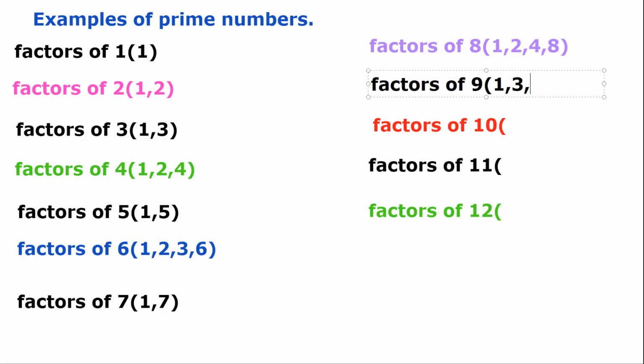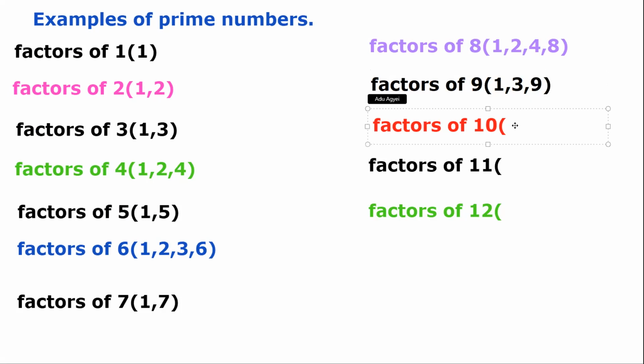That is why I want you to go back and visit the video and watch the practical aspect of how to find the factors of numbers. So here, factors of 9, we have 1, 3, and 9.